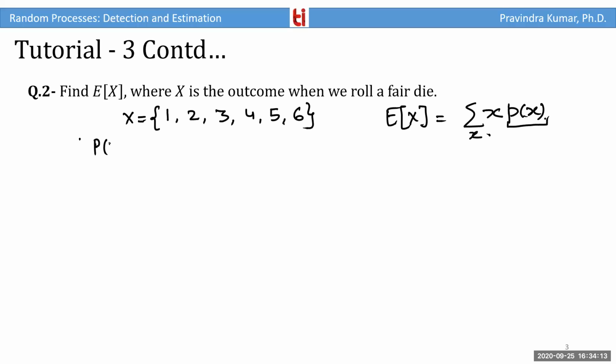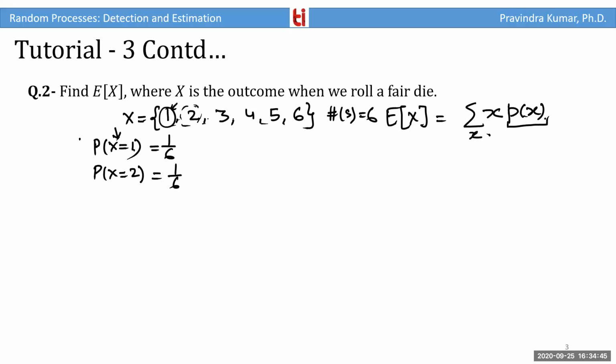The probability of x equal to 1 means the probability of getting 1 in rolling a dice. The total number of outcomes is 6, and the favorable is 1, so it is only one event. So 1 by 6. The probability of getting 2 in the dice experiment is again 1 by 6.